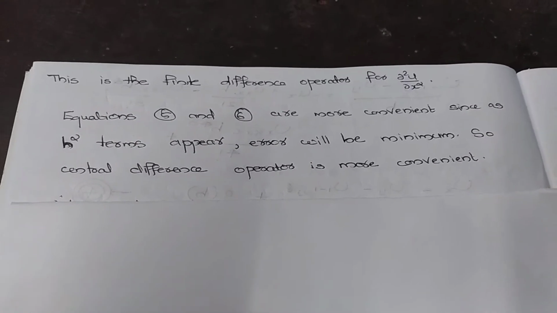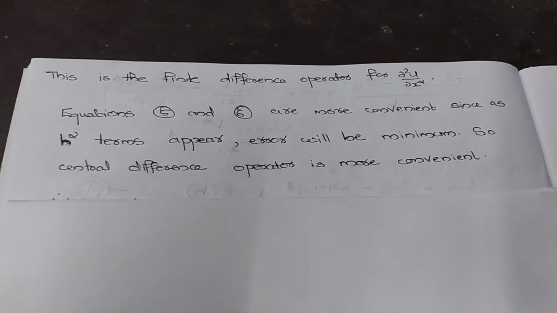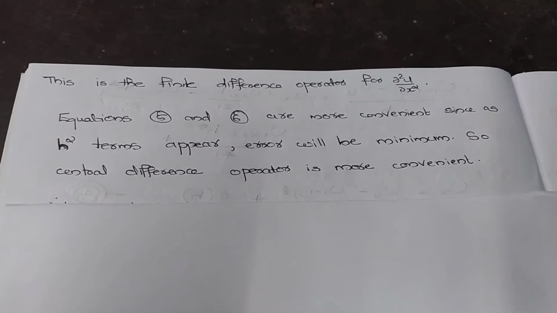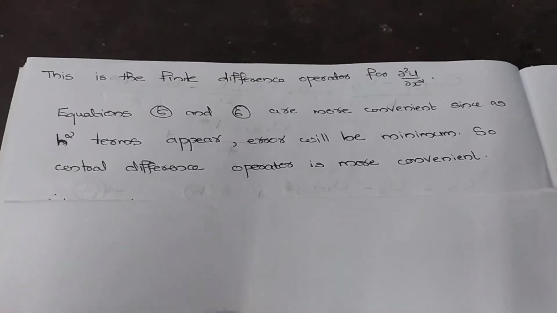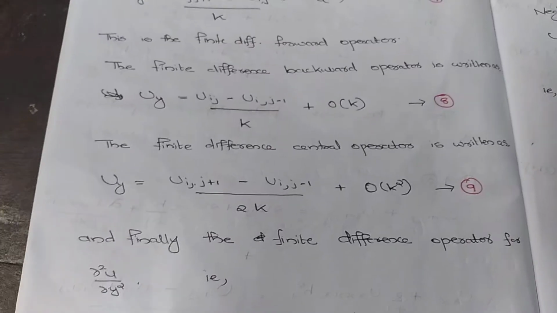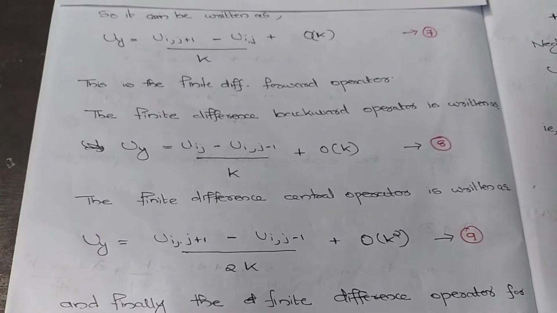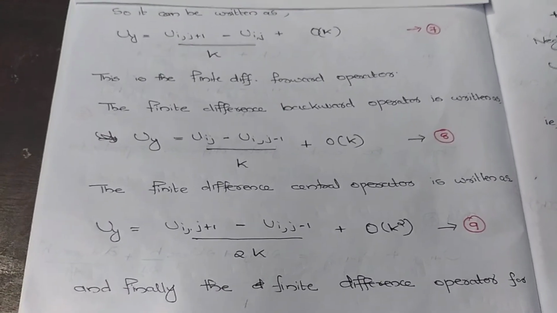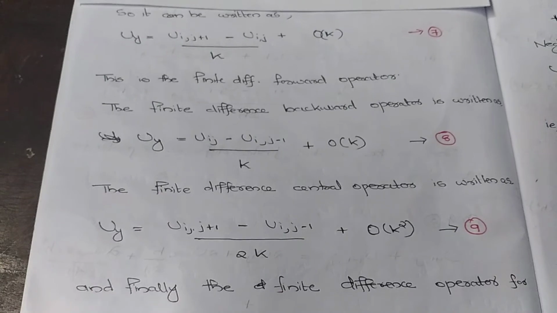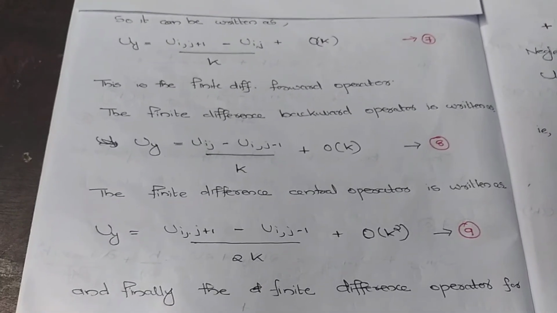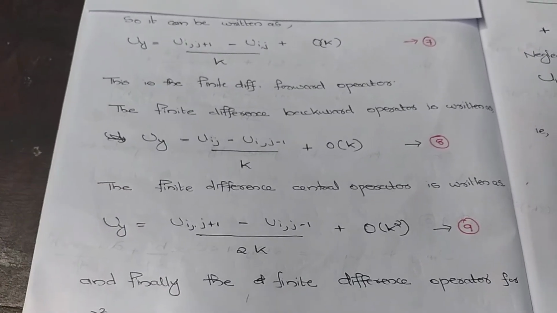In these, equations 5 and 6 are more convenient, since as the h square terms appear, the error will be minimum. So the central difference operator is more convenient. Similarly, by the above method, we can get uy is equal to u(i,j+1) minus u(ij) by k plus other terms of k, and we can put it as equation 7.